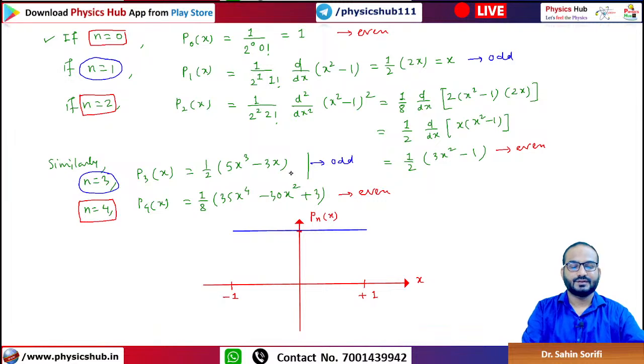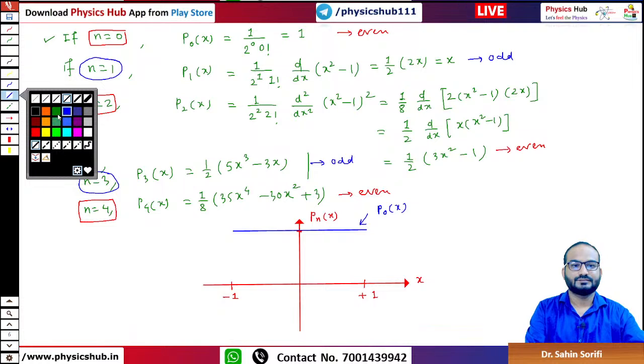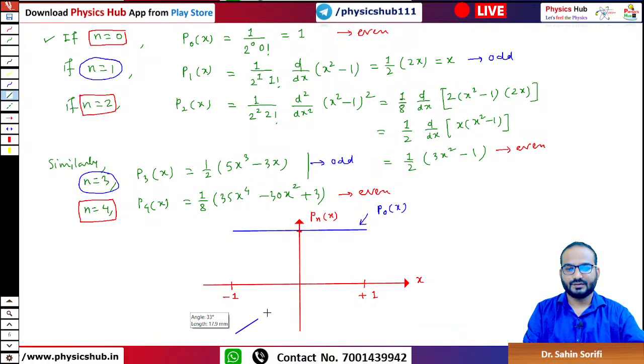Okay, this is your P0(x). P1(x) is x, so what kind of graph can you expect? We can expect a graph like this.